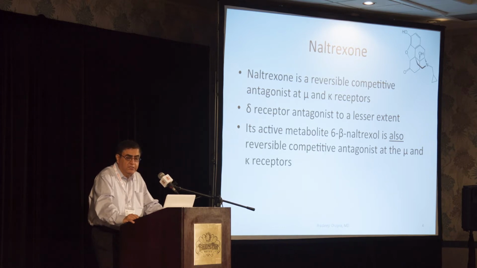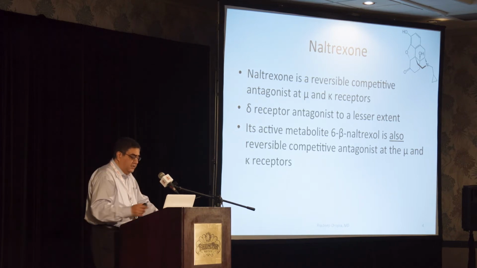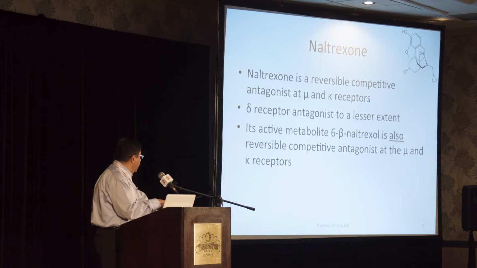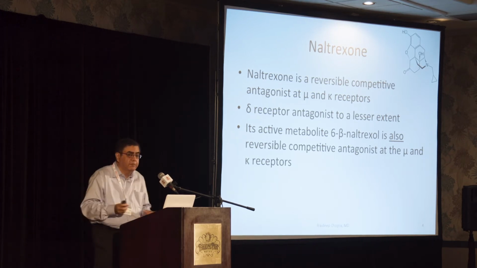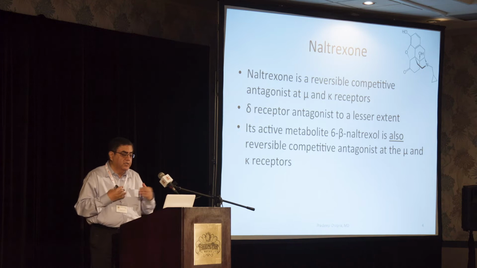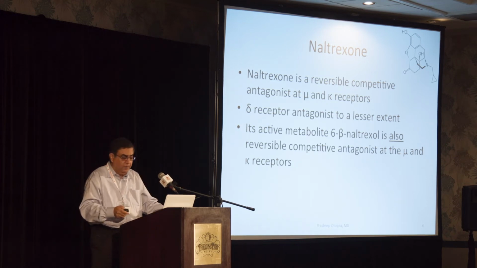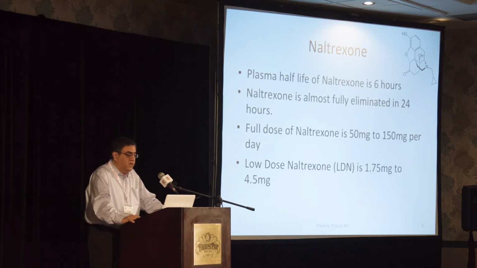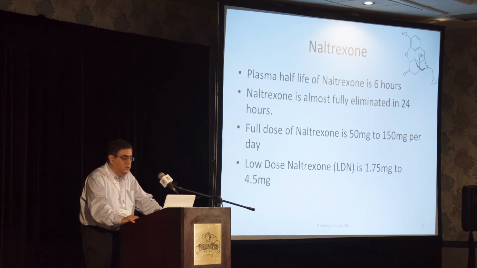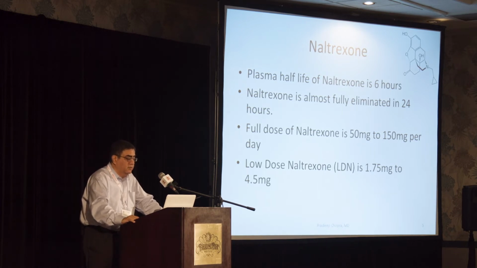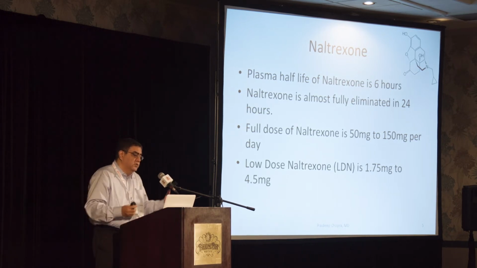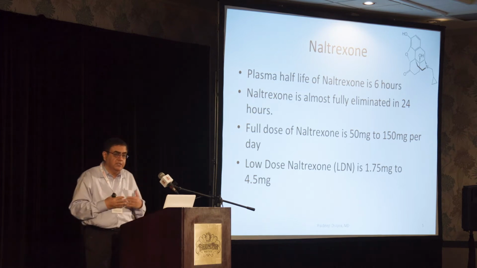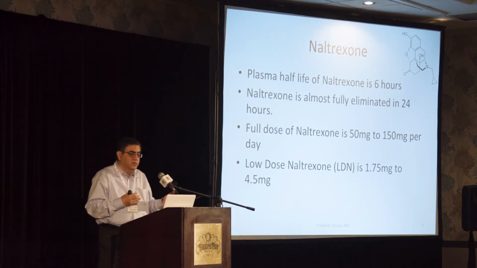Once naltrexone is taken into the body, it is converted by the body into something called 6-beta naltrexone. 6-beta naltrexone works the same as naltrexone, but it has a much lower effect. The plasma half-life of naltrexone is 6 hours, and this is really important to know, because it means the body processes half the dose of naltrexone in 6 hours.